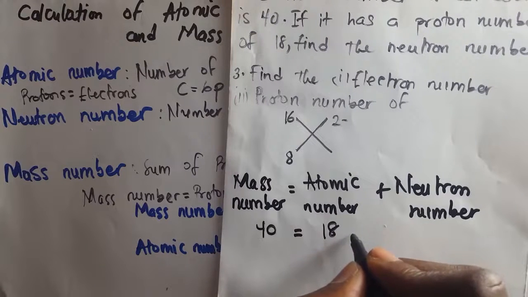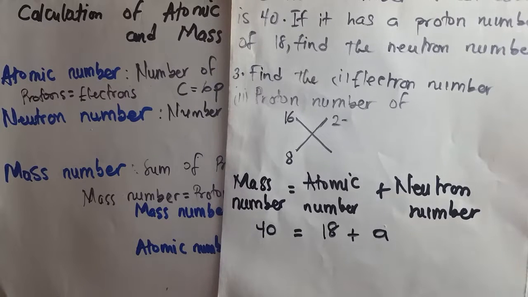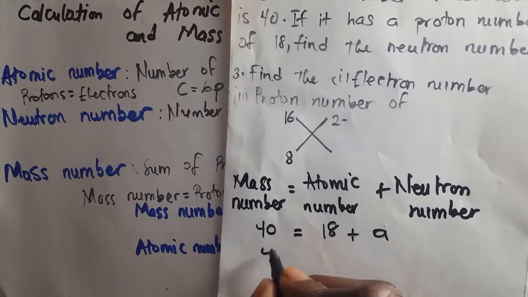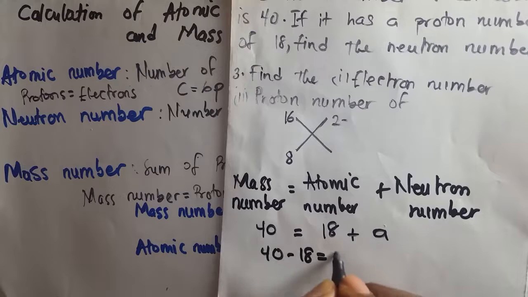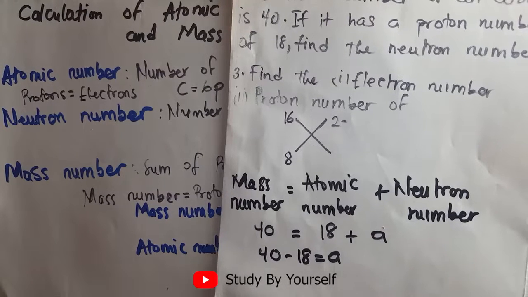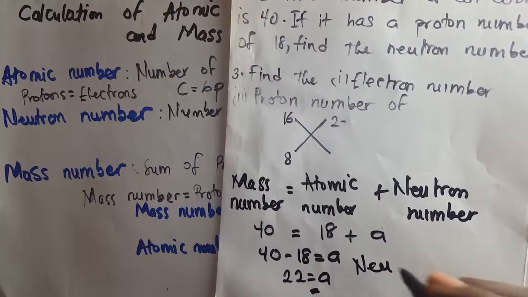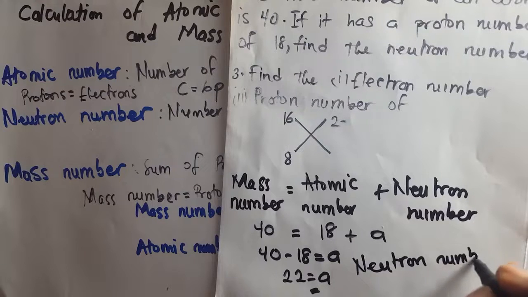The neutron number is what we don't know, so let's represent it with a variable a. So 40 minus 18, when we make a stand on its own, we are going to have 22. So that is our neutron number. Neutron number equals 22.